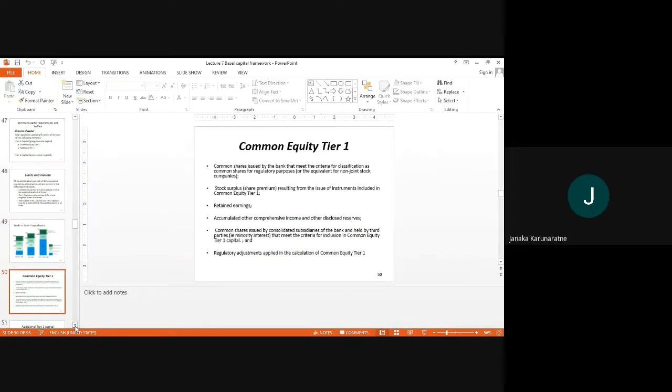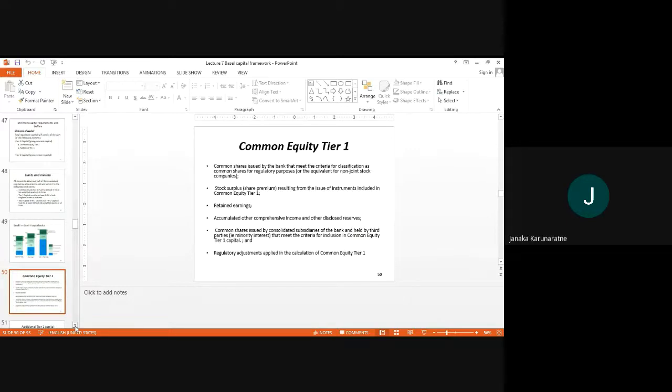Okay. Now, Basel also defined what items of a bank's capital could be taken into Common Equity Tier 1, Additional Tier 1, and Tier 2. So they redefined the different components of capital which are eligible for each. I'm not going to discuss Common Equity Tier 1 in great detail, because if you read the relevant directions you can understand it: much stronger capital, like common shares issued by the bank that meet the criteria for classification as common shares for regulatory purposes, then stock surplus, retained earnings.